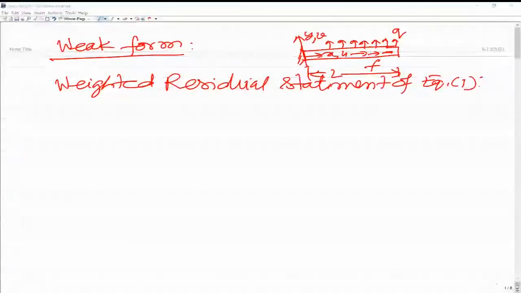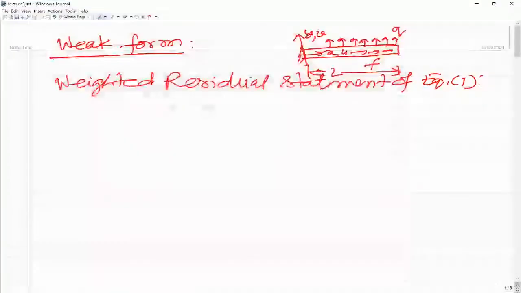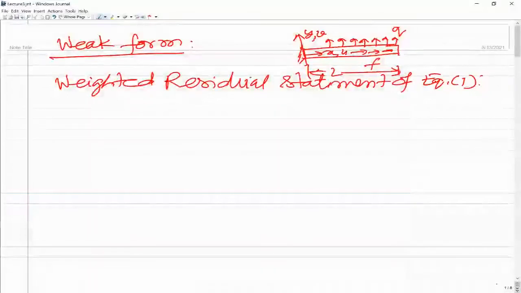For the first equation we take the weight function as w1, and for the second equation the weight function as w2. Let me take a minus sign out.